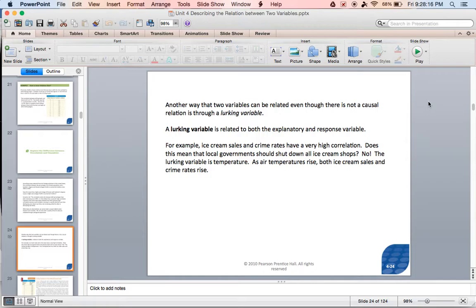Things that we don't see that could be a cause of something that we're evaluating. You can read the example here. Ice cream sales and crime rates have very high correlation. That doesn't mean the more ice cream sales you have, the higher the crime rate. It happens that way just because there could be a lurking variable, in this case, temperature.